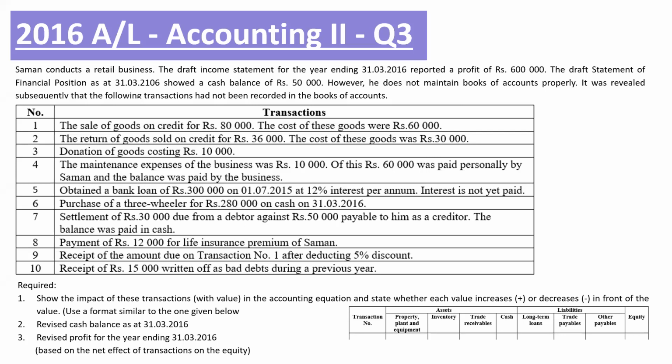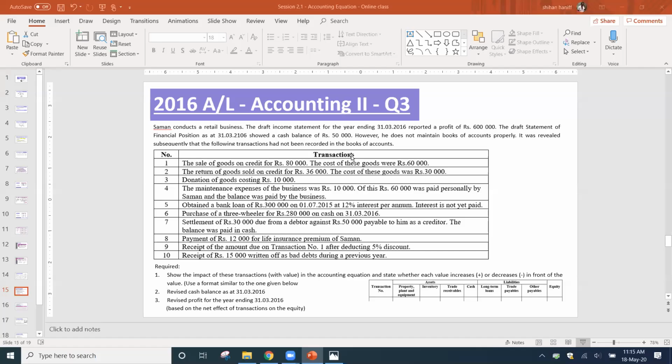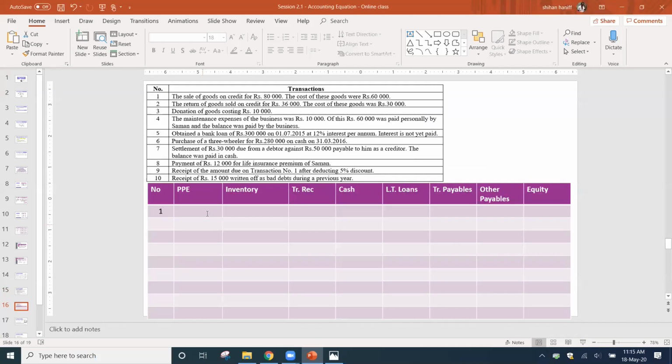Okay. So can you all record the transactions in the equation? So do it like this.